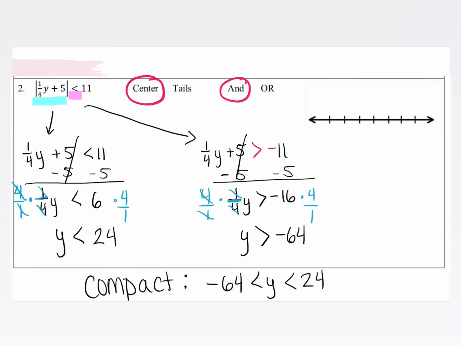We can put this on our graph now. We have open circles for both because it is strictly less than or strictly greater than. And it already tells us where we're going to shade, so we're going to shade in the center. We can also look at our compact format. Y lies between negative 64 and positive 24, so that's where we're going to shade.